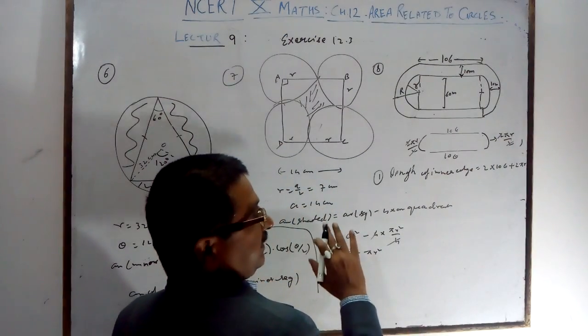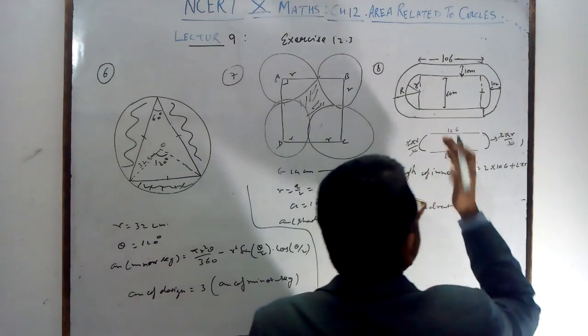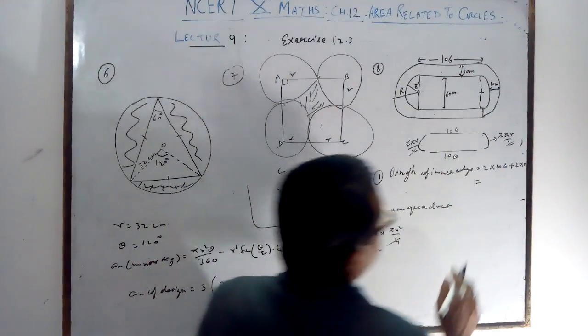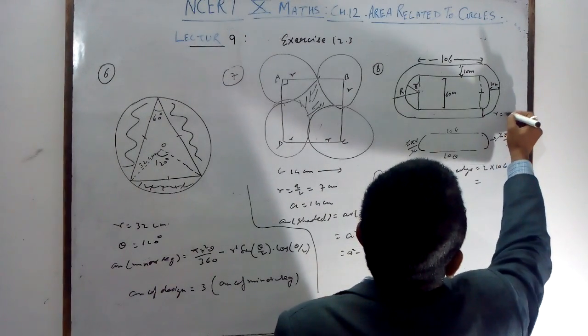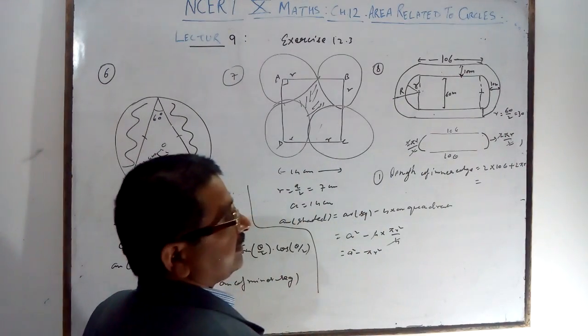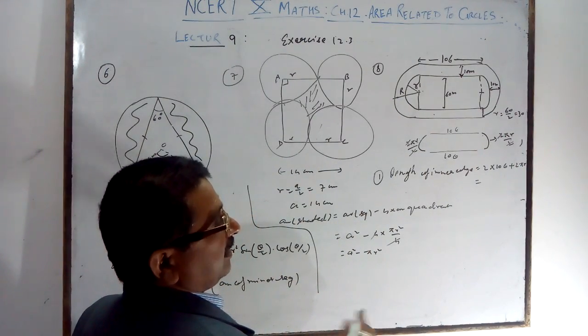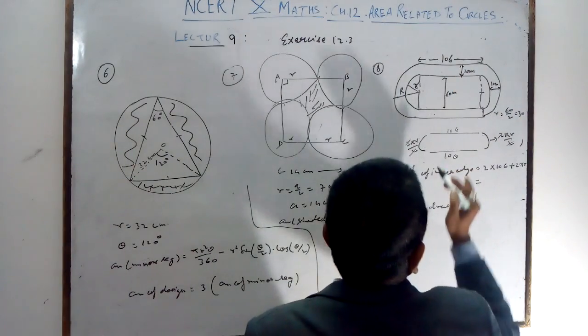One pi r on this side and one pi r on the other side, each being a semicircle. What is the radius? The radius is 60 by 2, 30. The radius is 30 meter, and the length is 106. You are getting the first part.